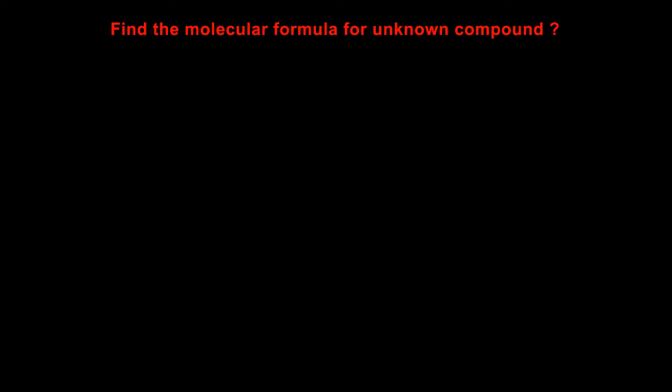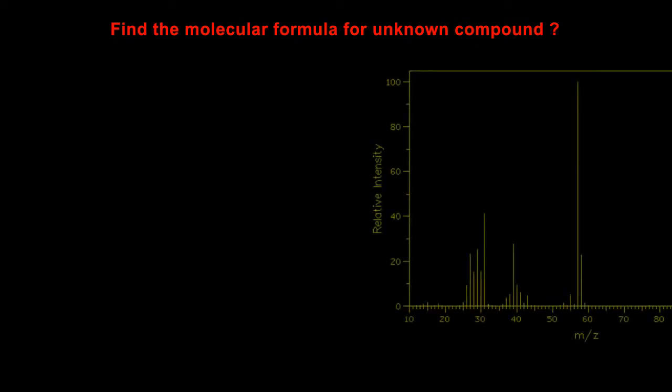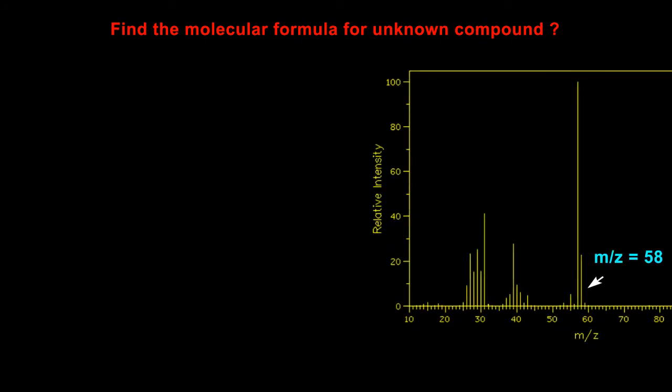Lastly, let us look at the results from mass spectrometry and IR for an unknown compound, and try to find the molecular formula. The mass spectrometer result indicates a molecular ion peak at 58.